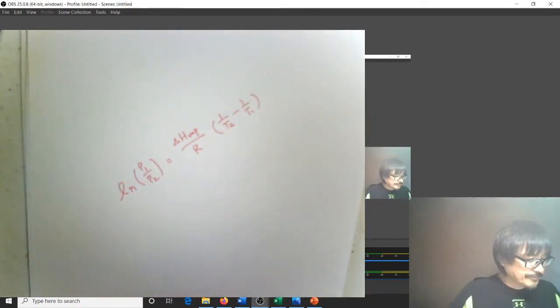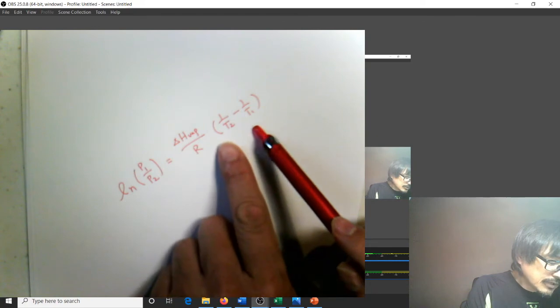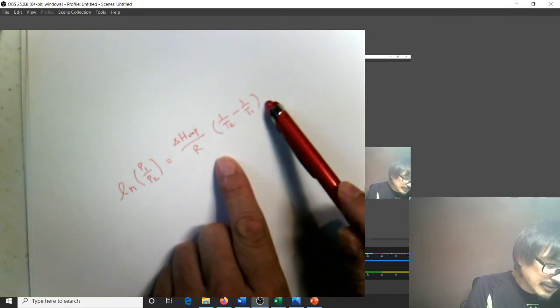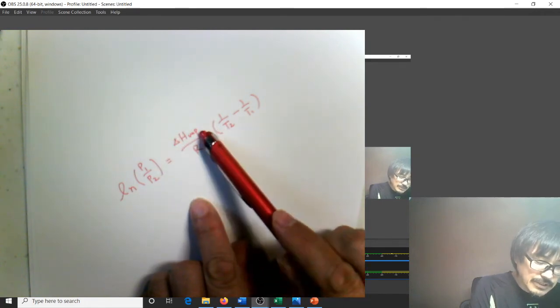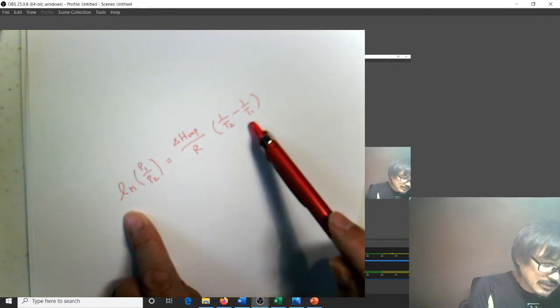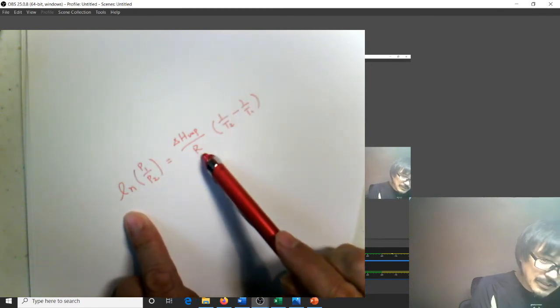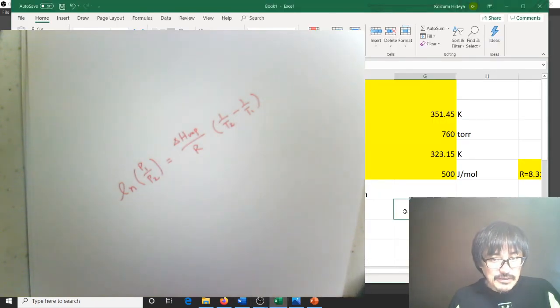Then you're going to have to solve for this guy, right? So you're going to have to divide both sides by this and then multiply by that. Then you can isolate delta H of vaporization. So delta H of vaporization is equal to this divided by that multiplied by this, right? And you do that in right here by yourself.